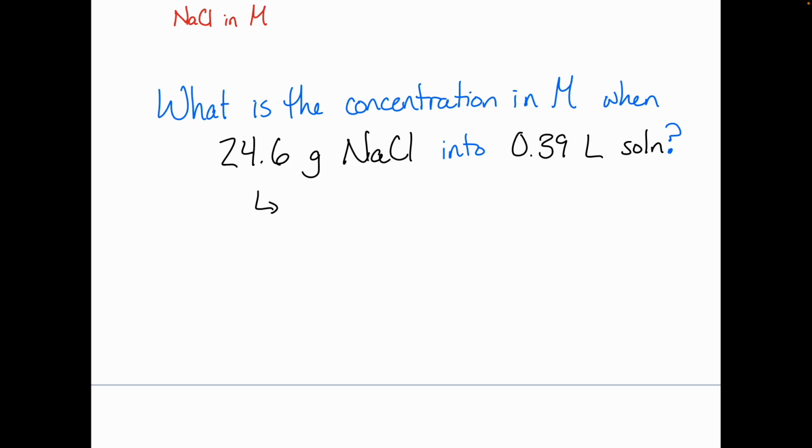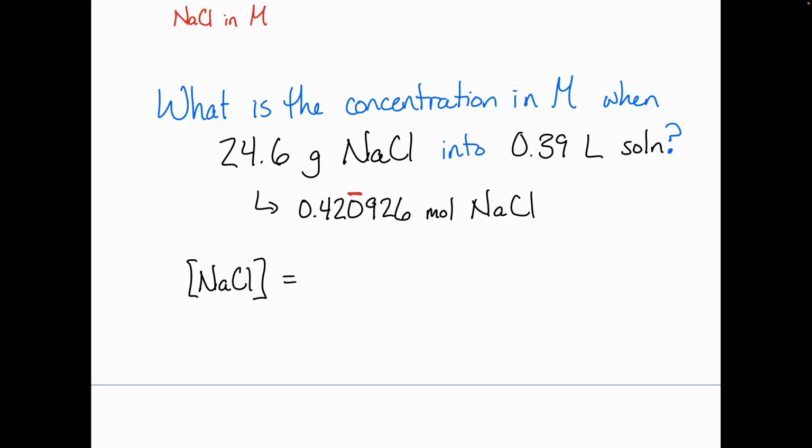We converted this. That was our 0.240926 moles of NaCl with our sig fig marked. And so now if we're looking for the concentration of NaCl in molarity, again using that bracket notation, I'm going to take my moles, divide it by my liters of solution.